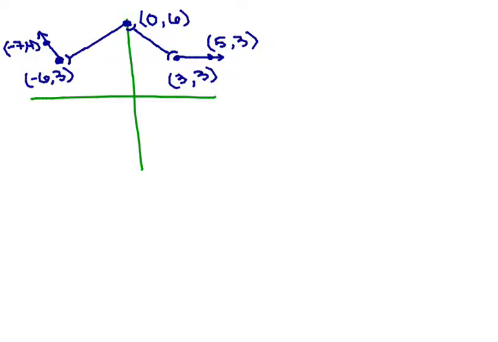So the first equation, okay, I'm going to call this equation number 1, call this equation number 2, call that equation number 3, and equation number 4. Okay. I know that my slope is going to go down 1, over 1. So we have a slope of -1.